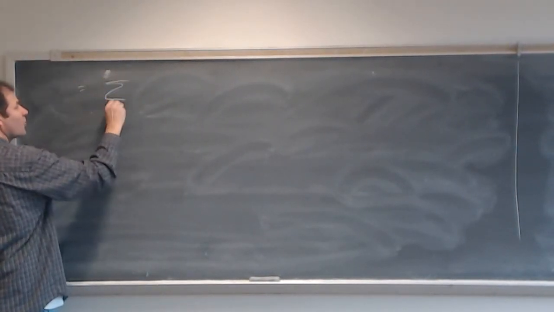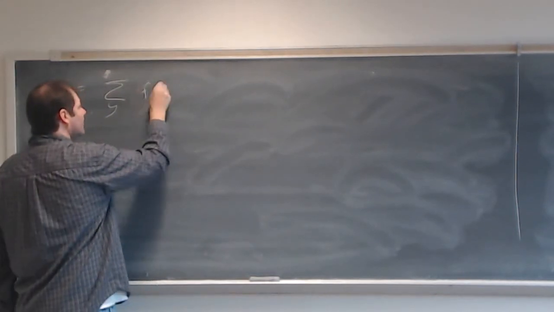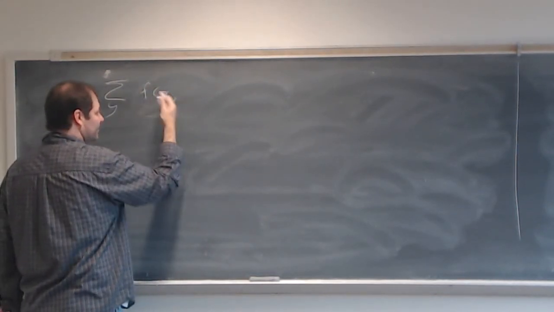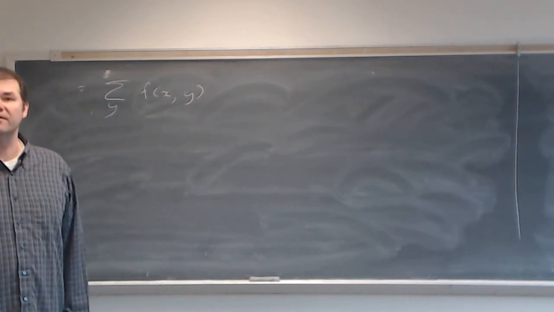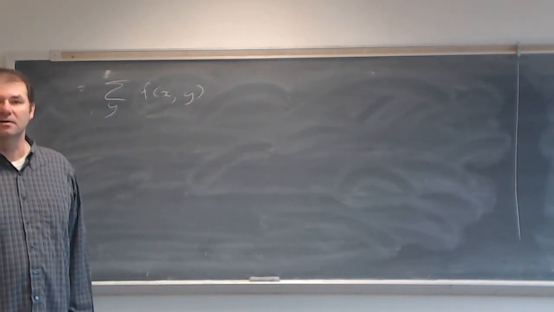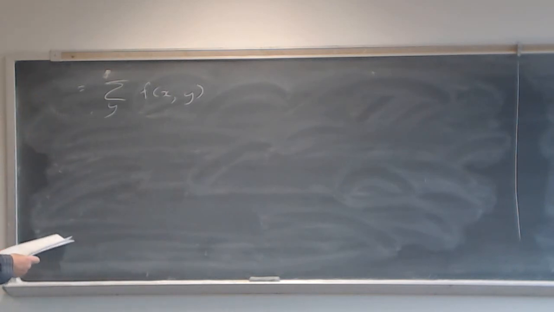That sum is equal to the sum over all y values of f of x, y, where x is an individual fixed x and the y is what's changing. And so that's what f sub x of x is.